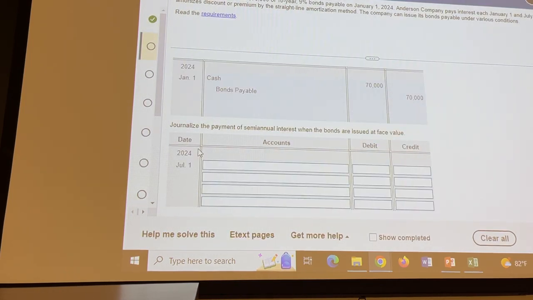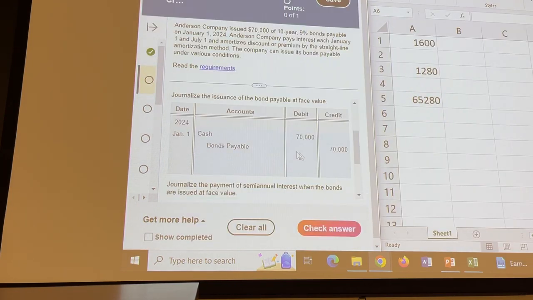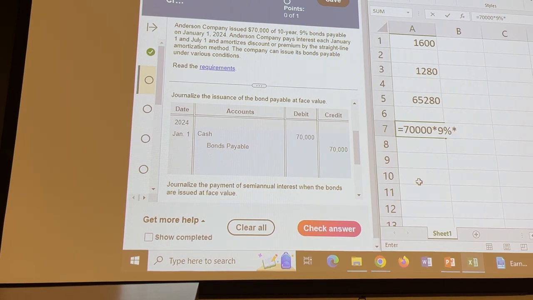And then journalize the payment of semi-annual interest when the bonds are issued at face value. So split my screen. So $70,000 times 9% times 6/12.